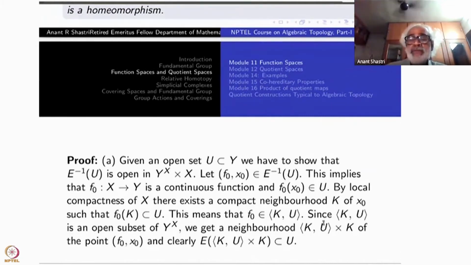Since K,U is an open subset of Y power X, we get a neighborhood K,U cross K of the point (f naught, x naught), and clearly E of (K,U cross K) is contained inside U.